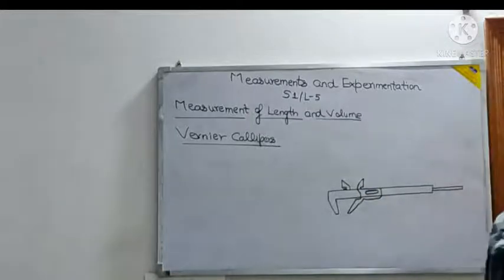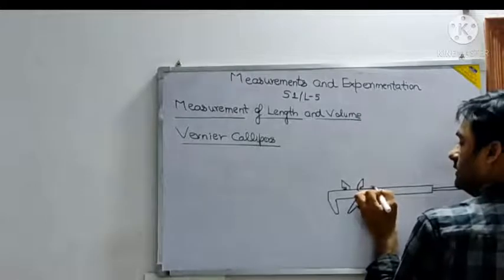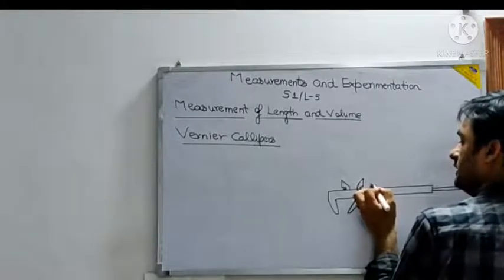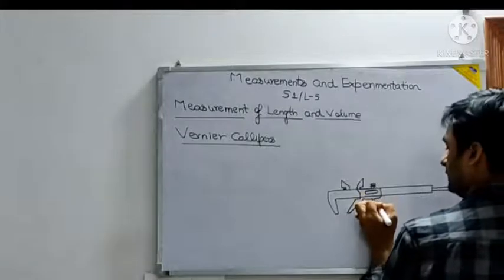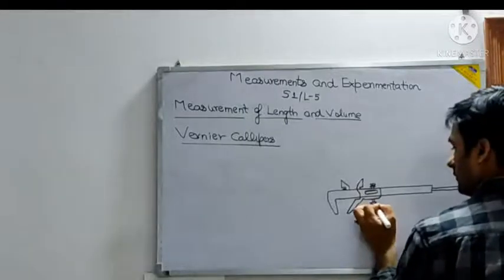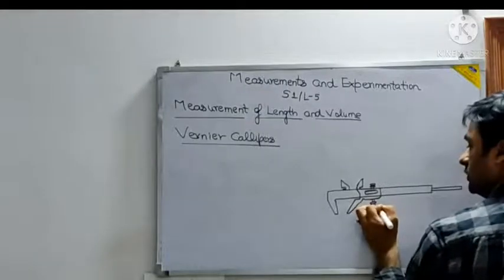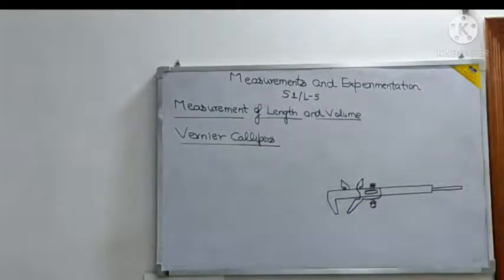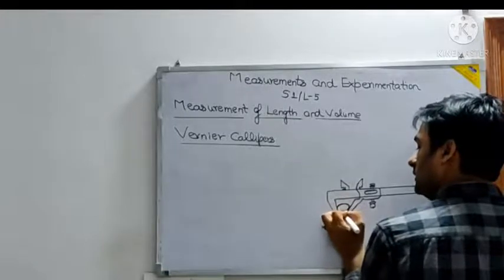On the top of it, there is an arrangement with the help of which we can slide the things. This vernier scale is made to move here only, and at the bottom of it one arrangement is there. And what is this one? Kind of a screw only. You will understand it better. I have tried to draw it in a proper way. Here they have put also something.